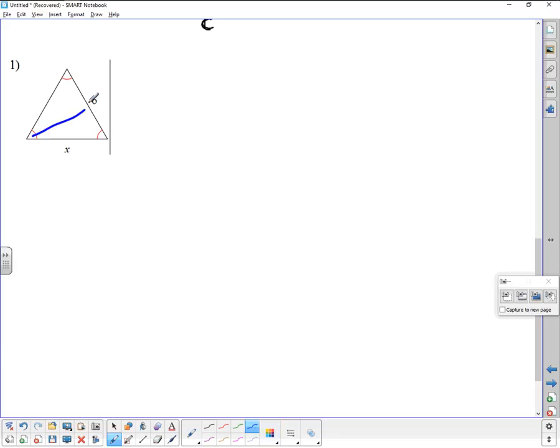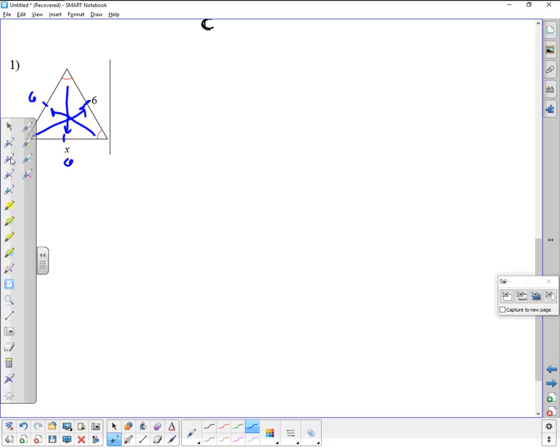So 6 is congruent to the side that is opposite to this angle, which is this side. And the side that is opposite to this angle will be this side. So all of these will have the same measurement. So this is 6, this will be 6, and this will be 6.